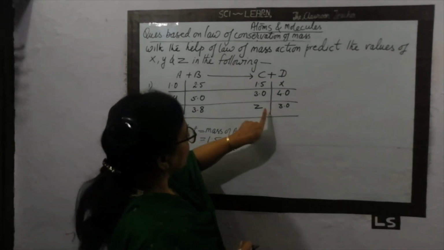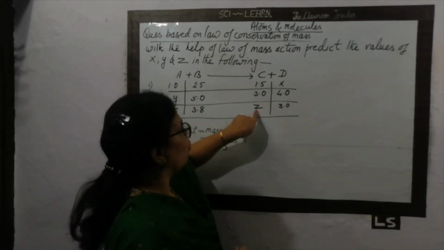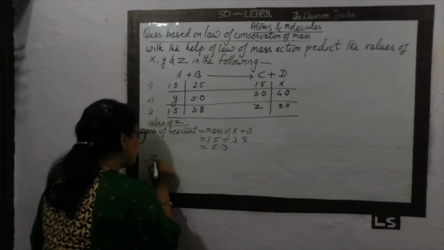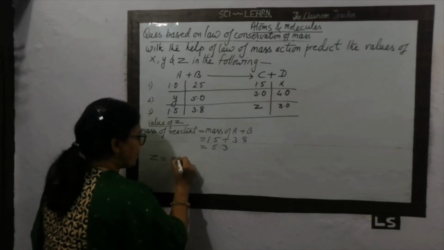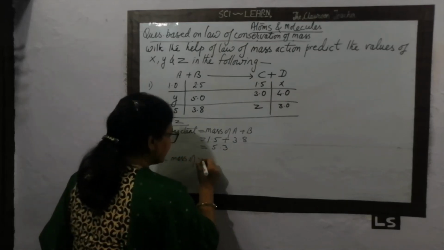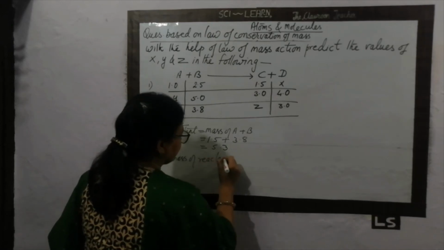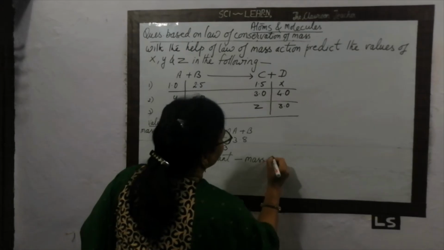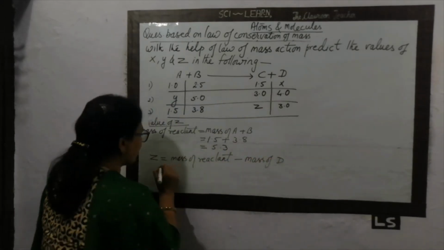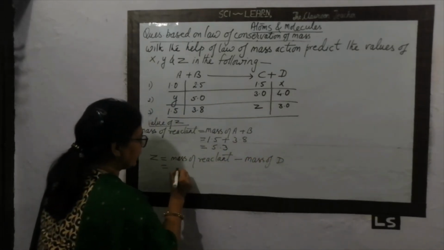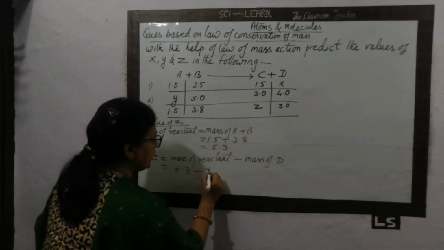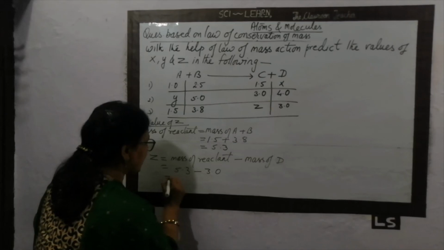Now find out the mass of products. Z is missing. So how can we calculate it? We calculate Z with the help of the mass of reactants minus the mass of D. What is the mass of reactants? That is 5.3. And what is the mass of D? That is 3.0. Now subtract it.